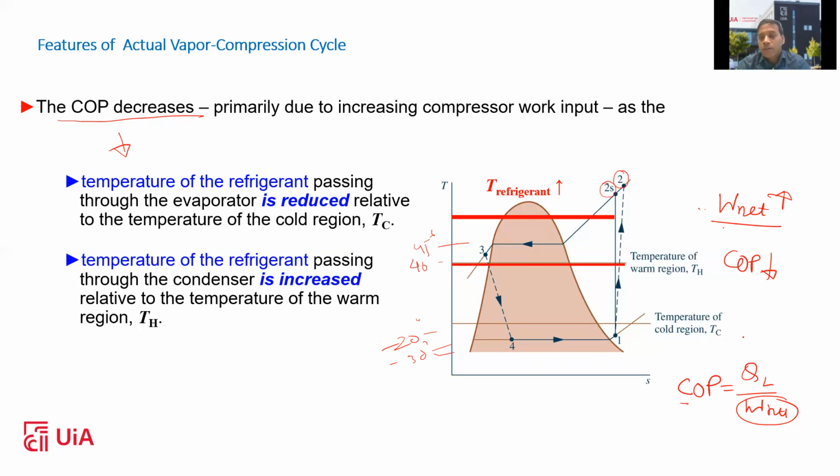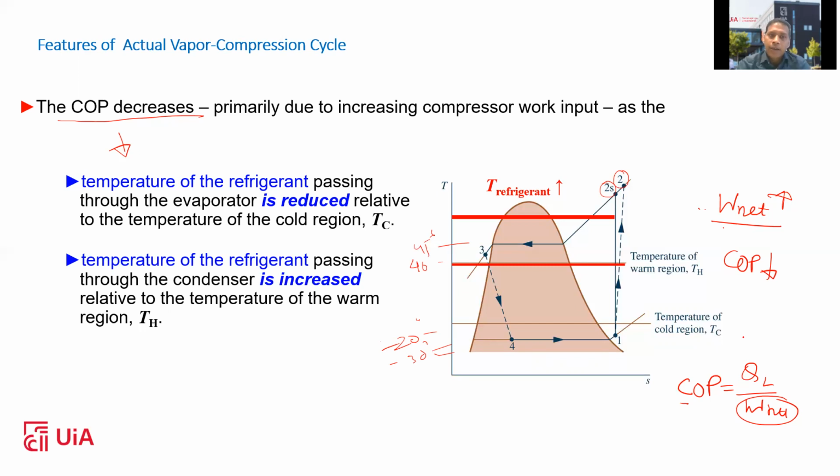And we talked about the COP. We talked about how a normal refrigerator works. And finally, we talked about 2 types of refrigeration cycle systems. One is the vapor compression cycle, and another is the vapor absorption cycle. We talked today about the vapor compression cycle. We talked about how the vapor compression cycle works.